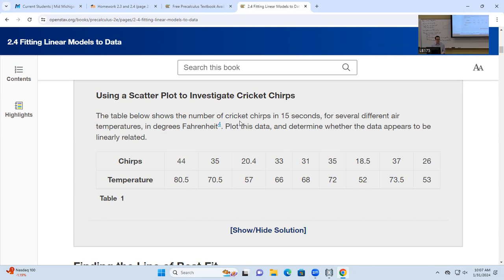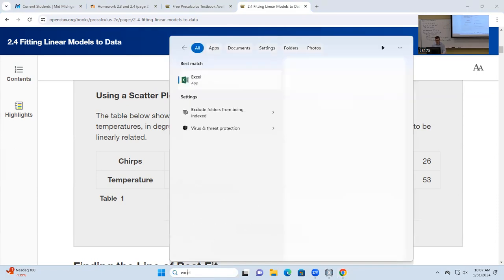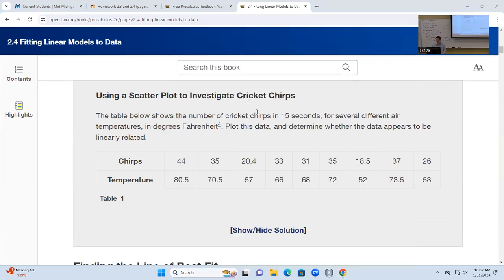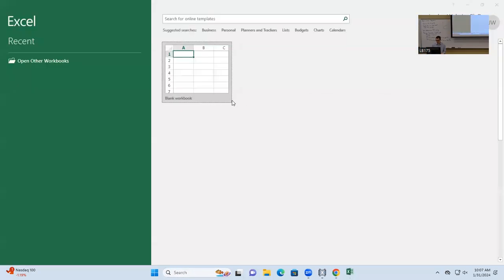And then I'll show you how to create the line of best fit using Excel. Again, most of this work is going to be done already for you when you look at the homework, and I'll show you that.